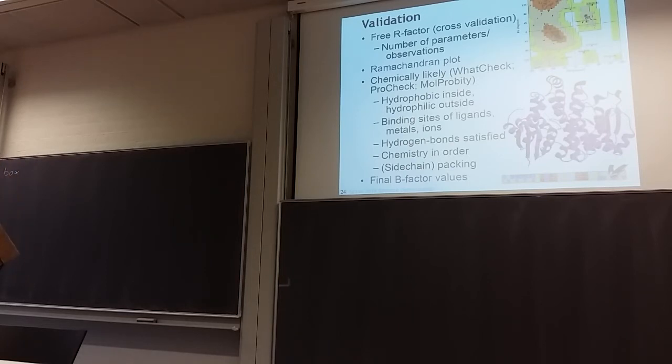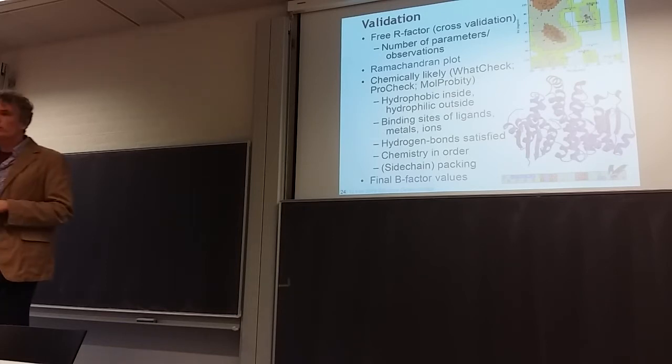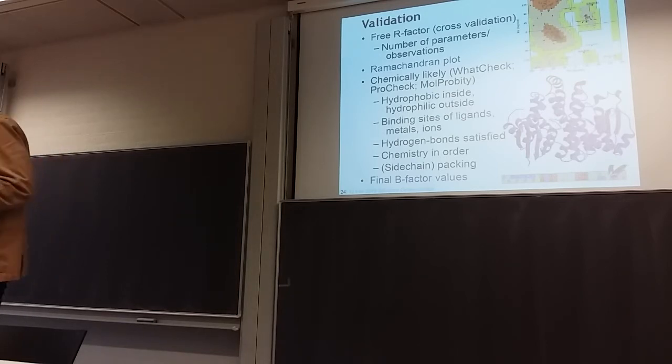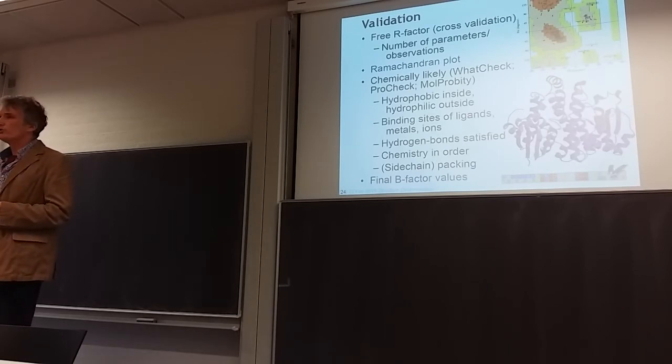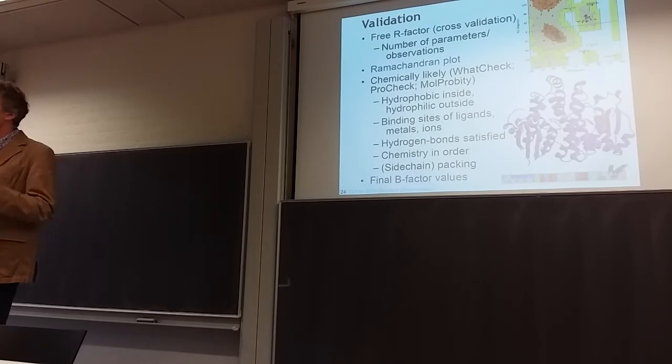Okay, so before we go for a break, after the break we go to cryo-EM and NMR. The final thing is to mention the B factors. They are actually sort of a residual of the match between your measured experimental data and your protein structure.